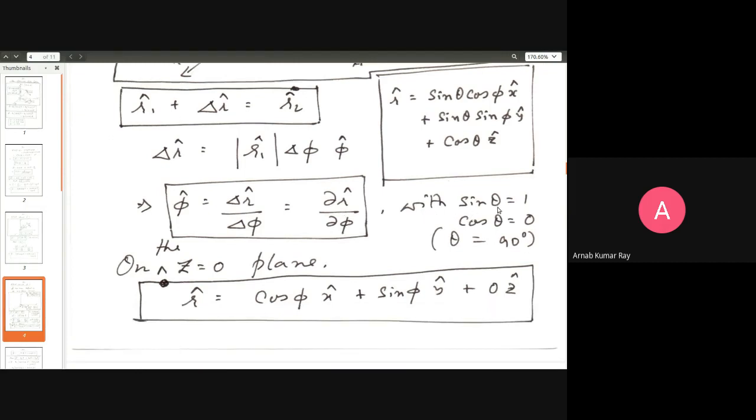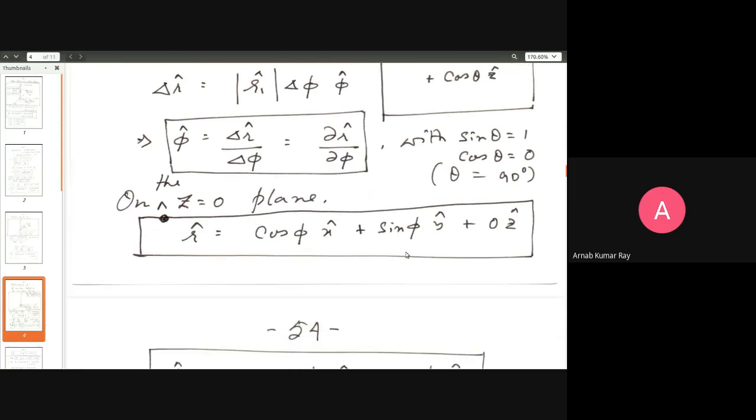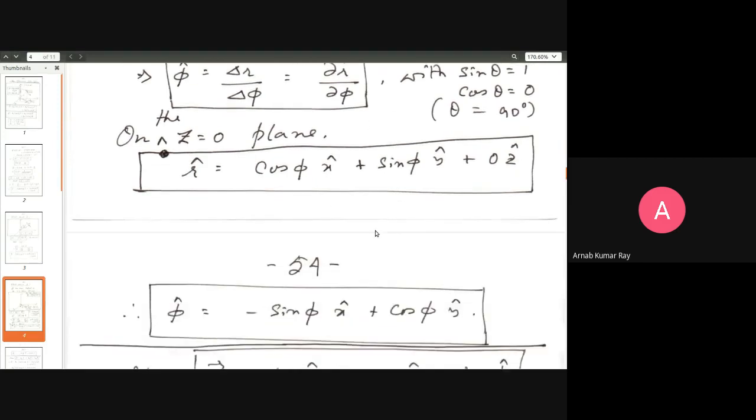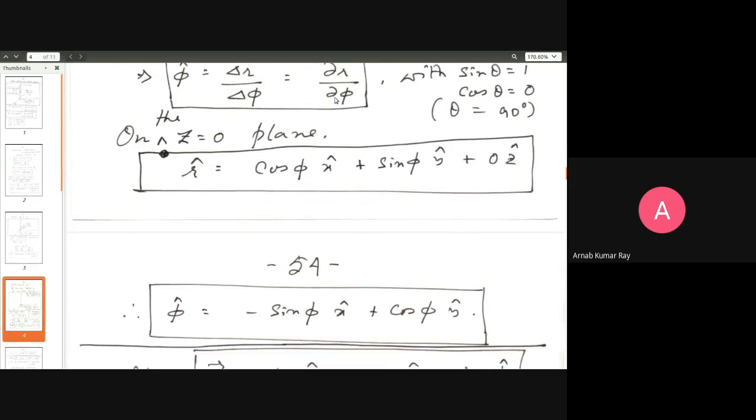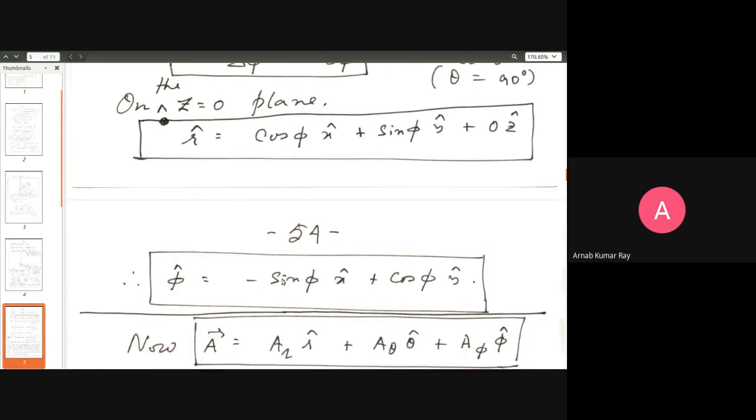Anyway, so that is what you have. When you have sine theta equal to 1 and cos theta equal to 0, you're just left with r cap equal to cos phi x cap plus sine phi y cap plus 0 z cap on the z equal to 0 plane. Therefore, phi cap will be equal to the derivative of r cap with respect to phi, which is minus sine phi x cap plus cos phi y cap.